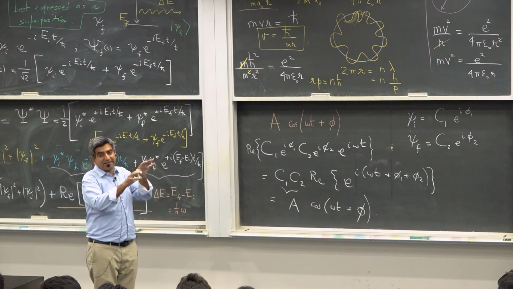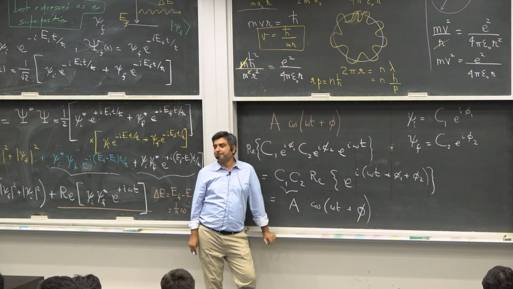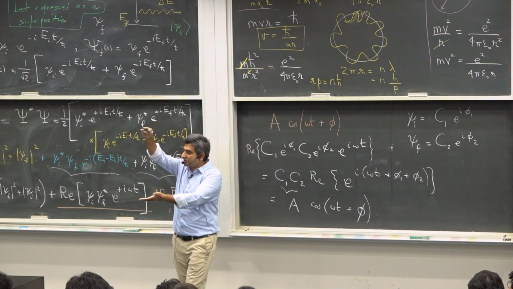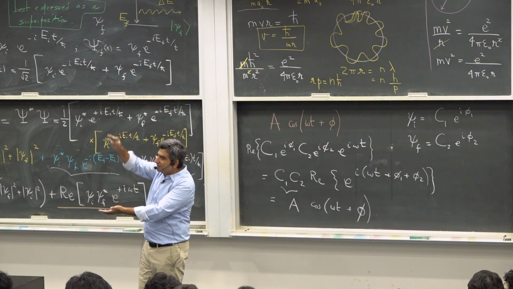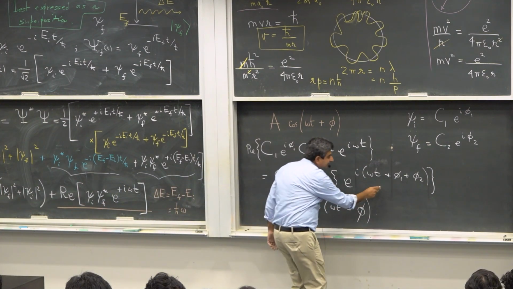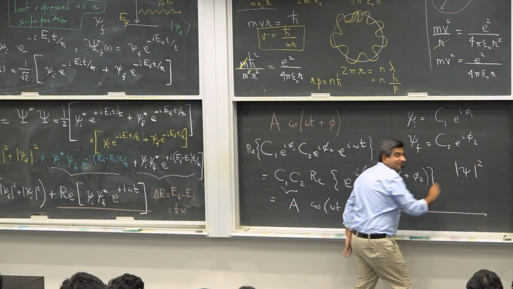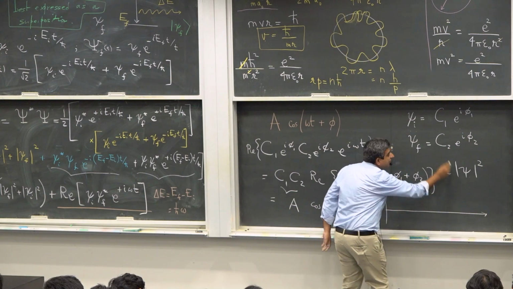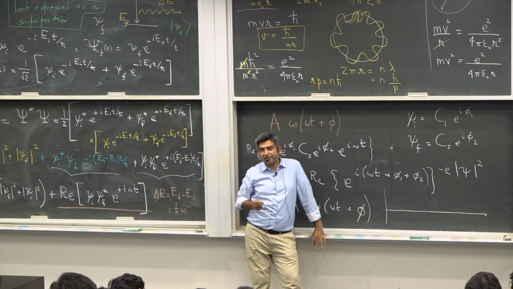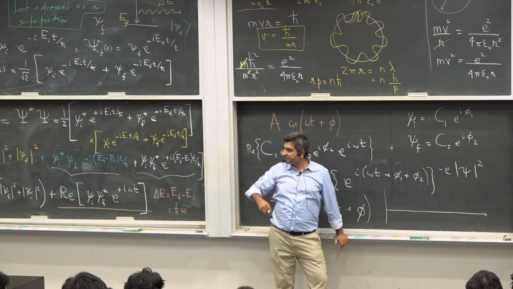Now you have a charge density which is oscillating in time. Whenever an electron is making a transition inside a hydrogen atom, the charge density fluctuates in time. If I were to plot this oscillating charge density, psi mod square, if I multiply this with the charge on an electron, which is minus e, this object is called the charge density.